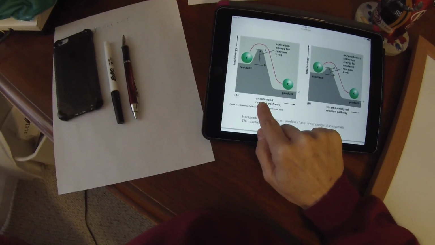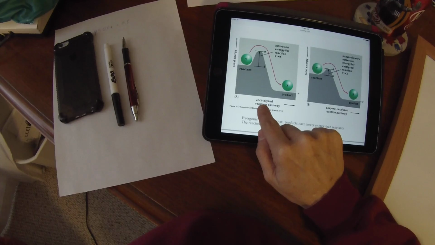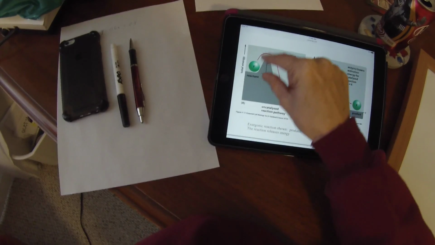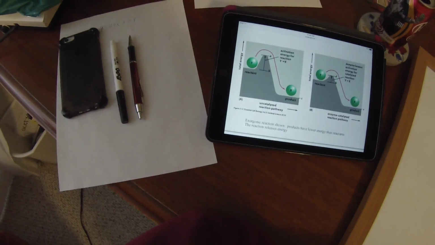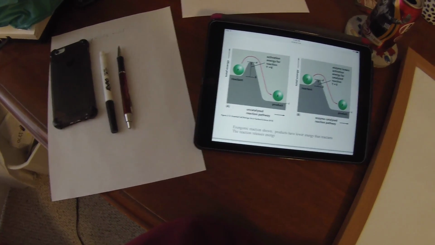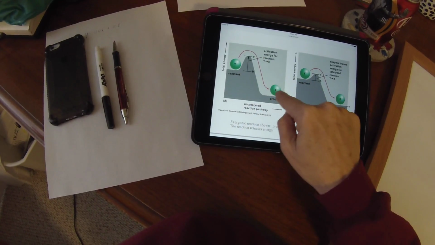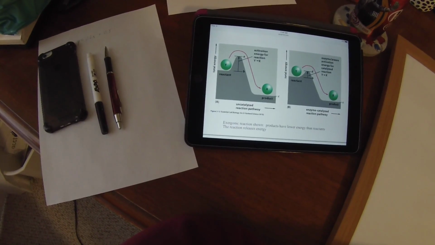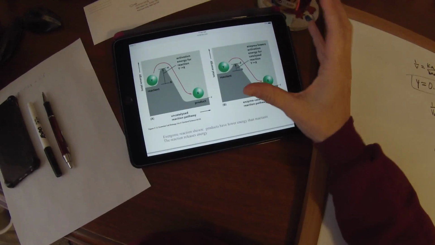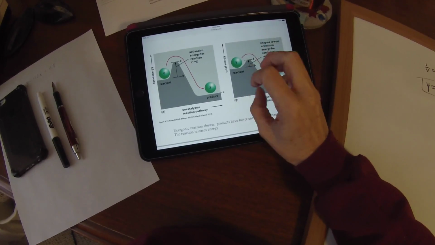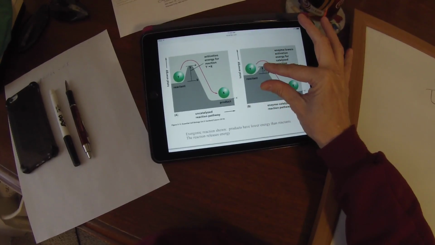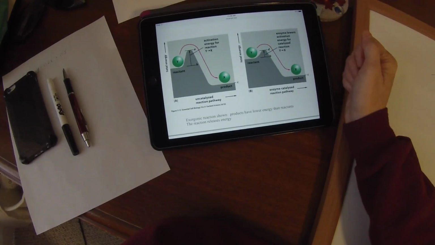And when you don't have an enzyme in an uncatalyzed pathway, that energy hill, this activation energy, typically means that you're going to have a temperature increase that would be above what would be tolerable or viable for the cell. So most reactions don't just happen spontaneously by themselves because they kill the cell. So what we do with the utility of enzymes is that by binding to the reactant, by binding to the substrate and facilitating the conversion to product in the various ways that they do it, it means that you have to put less energy into the system to get the reaction to go.